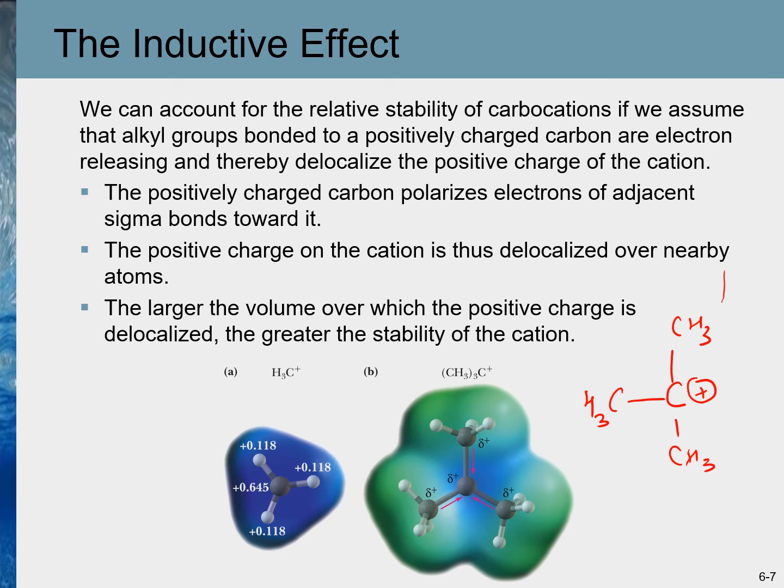alkyl groups bonded to positively charged carbon atoms release electron density towards the carbon and thereby help delocalize the positive charge. So these alkyl groups, they release electron density. Now, how do they release electron density? The positive charge on the carbon atom polarizes the electrons in adjacent sigma bonds.